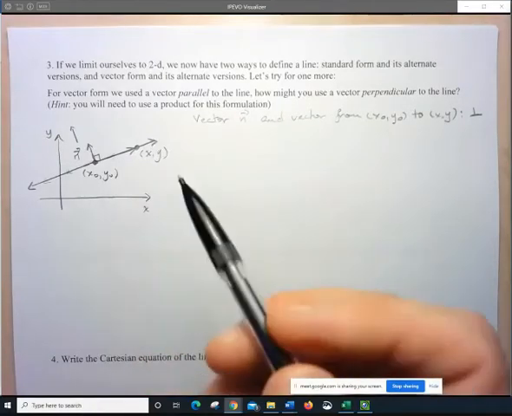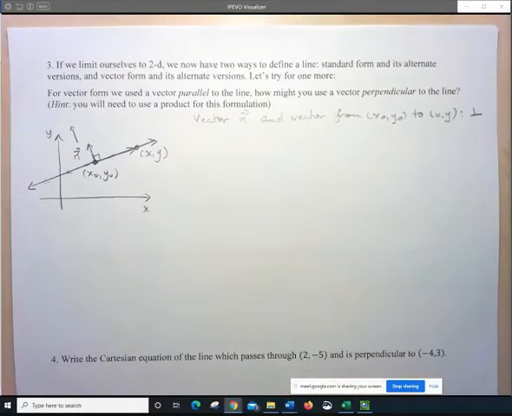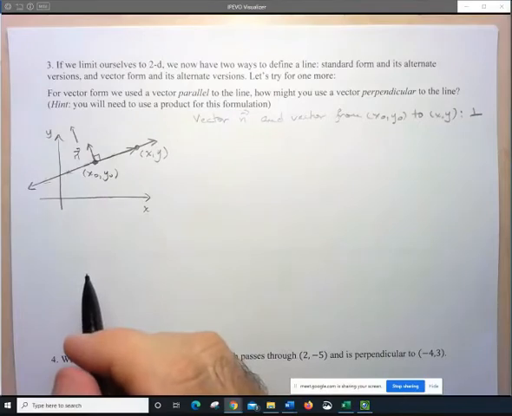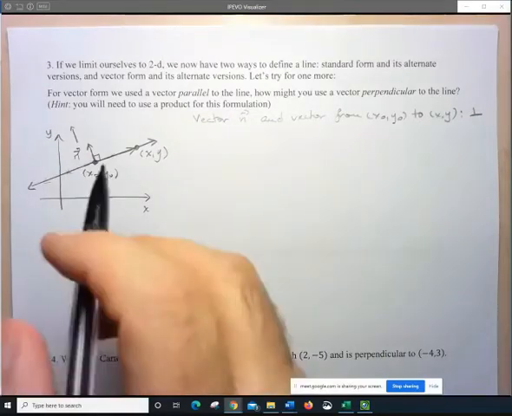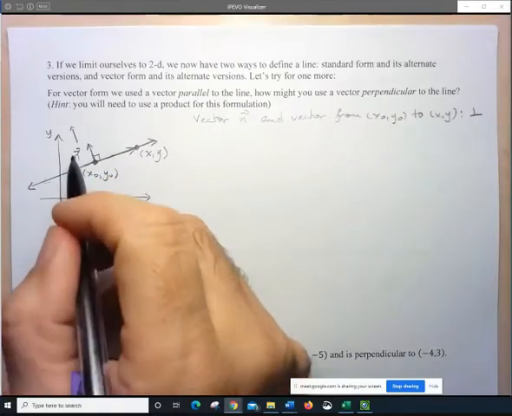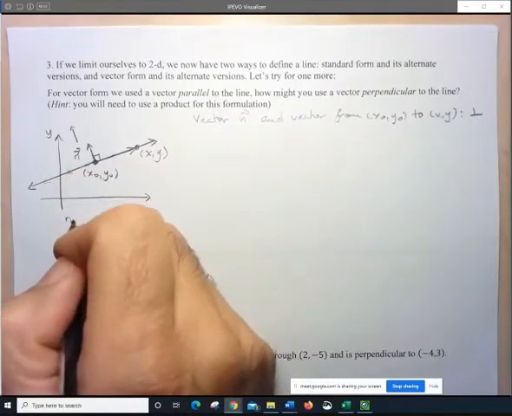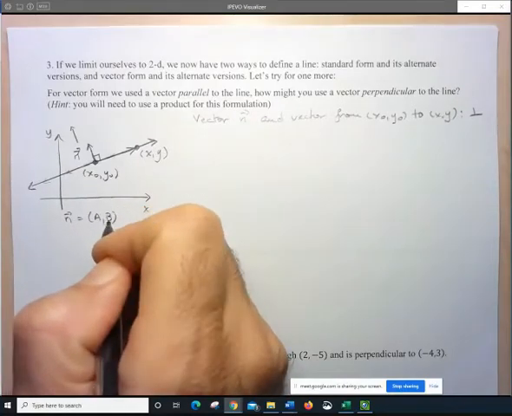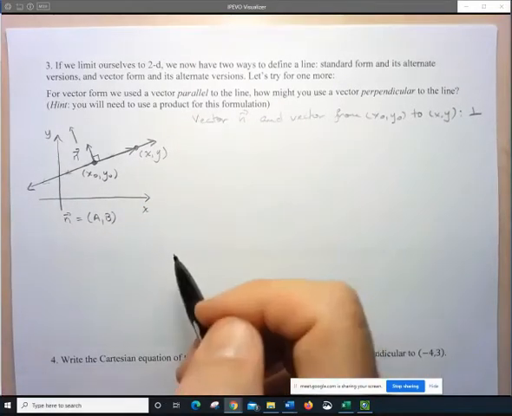So this is how we're going to develop yet another different, presumably, way of defining the equation of a line. So let's just see what happens here. Okay. So I called the direction vector little a, little b. Just to distinguish it, because I don't want to use the same letters, let's call it capital A, capital B.